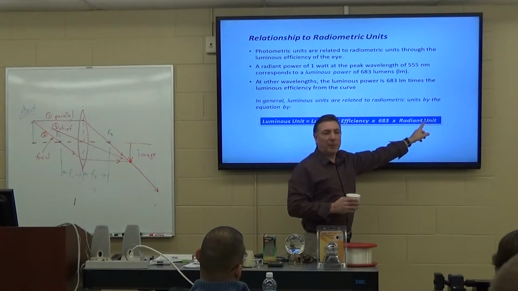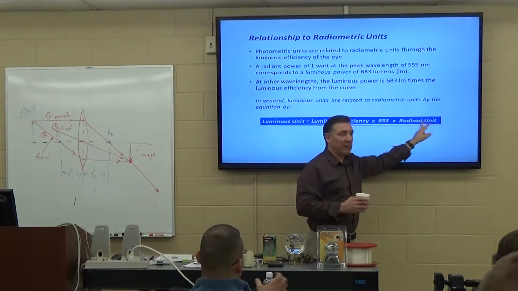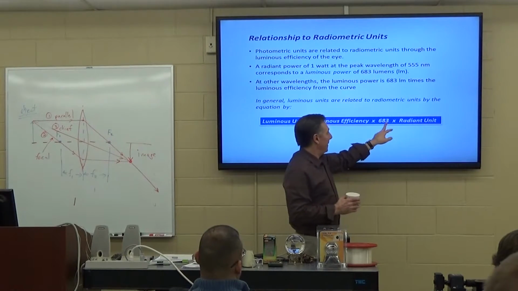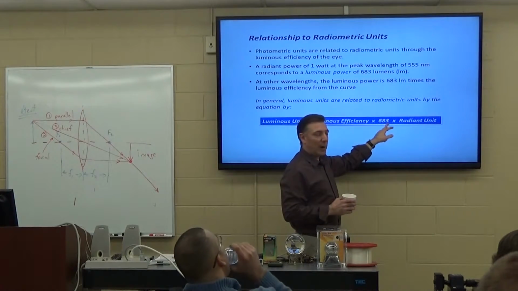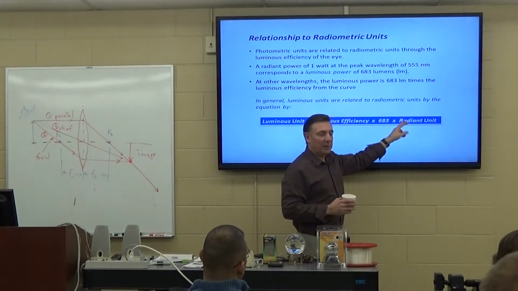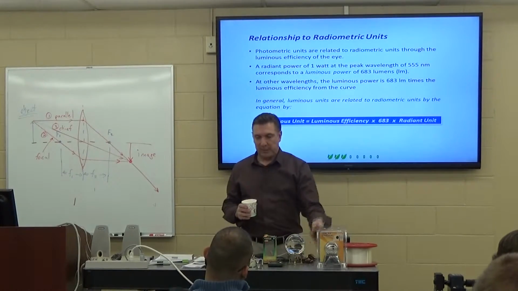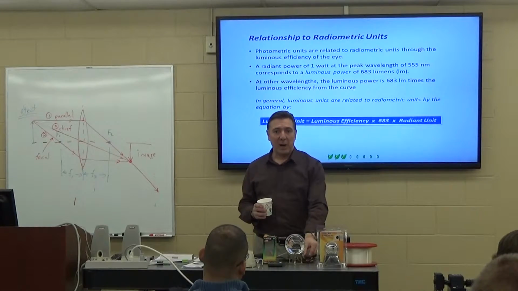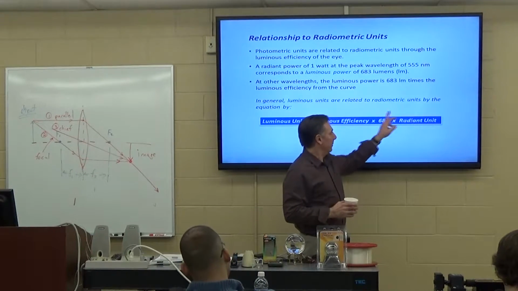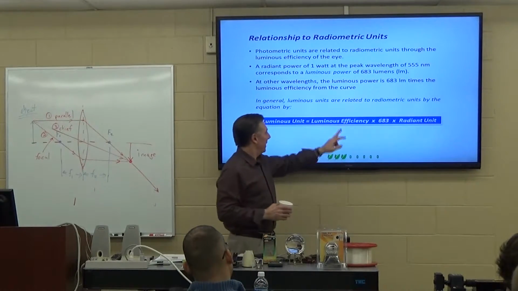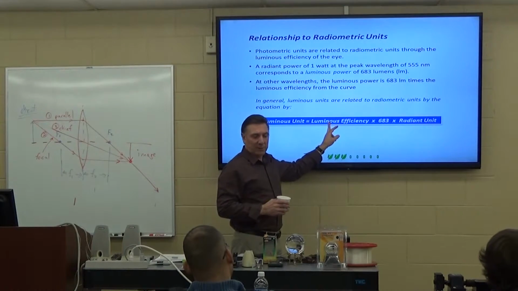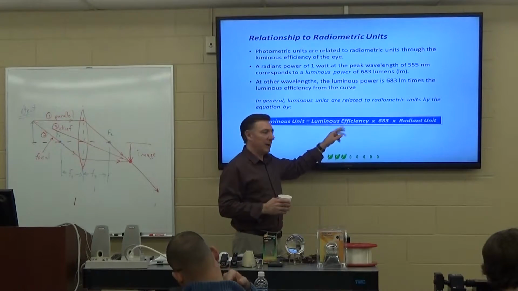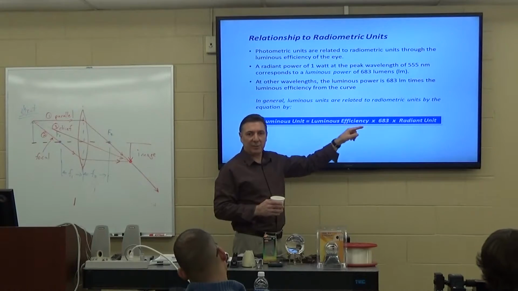Multiplied times the radiometric unit. If you have watts over here, then the watts cancel out. So if I take my laser power meter and measure 2 watts of optical power, plug it in here, multiply it times 683, and then go to my chart, it's 600 nanometers. What's the luminous efficiency at 600 nanometers?